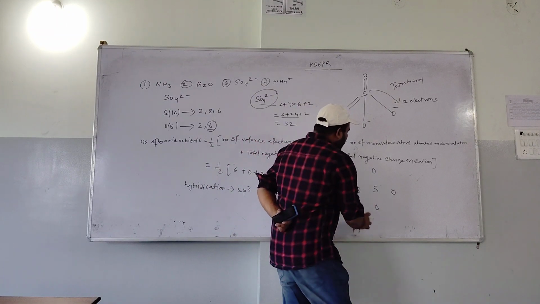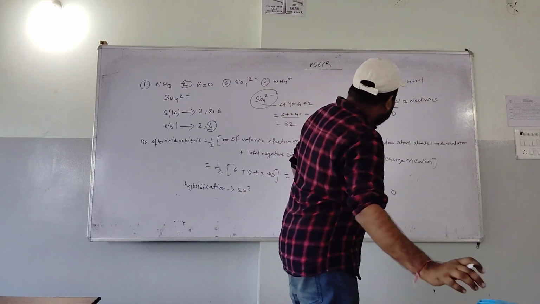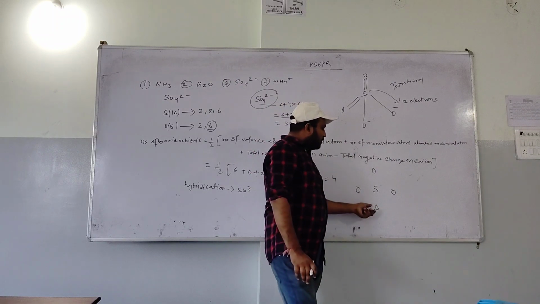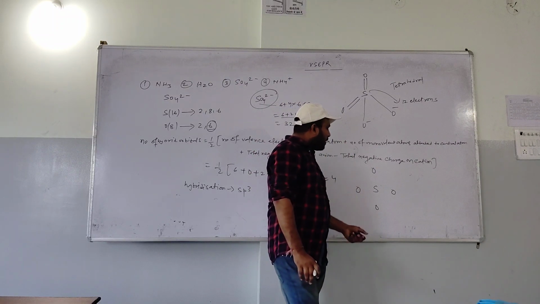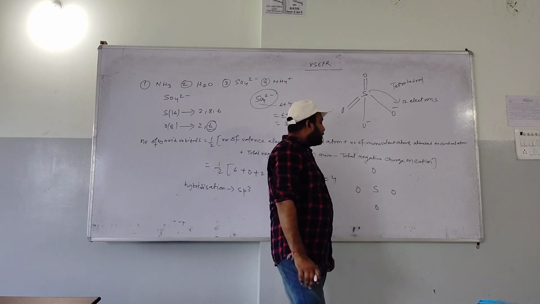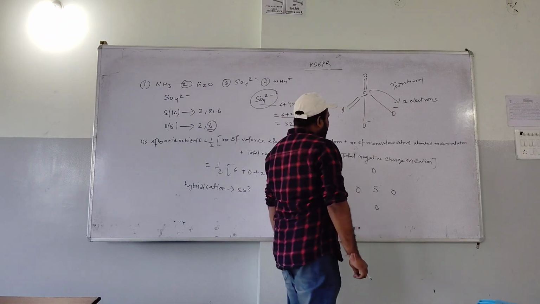So 32 electrons we have to arrange like this, so that the outermost atoms' octet is completed first.